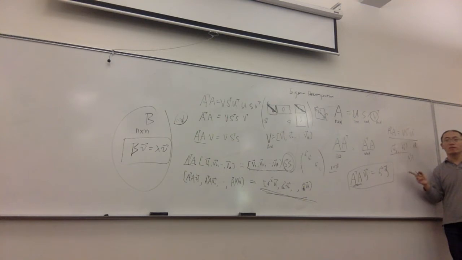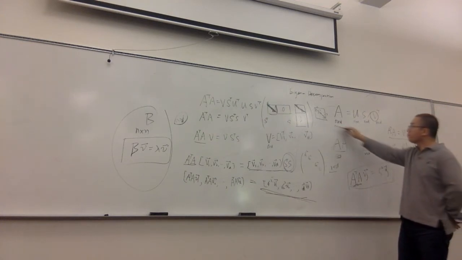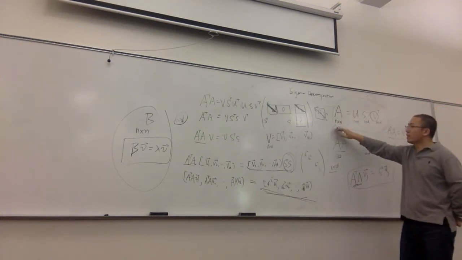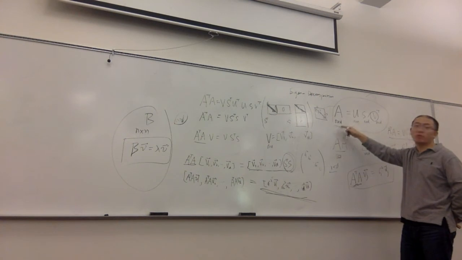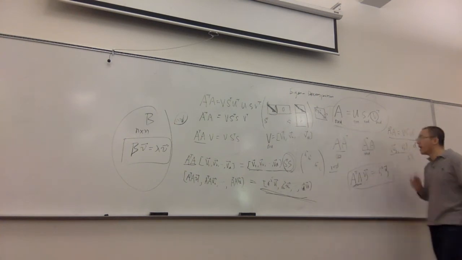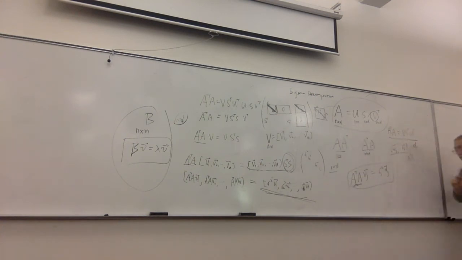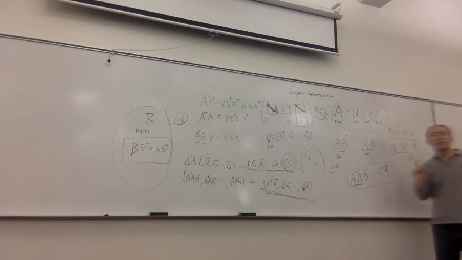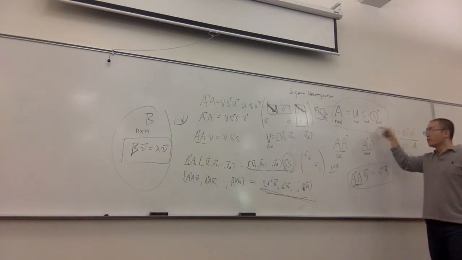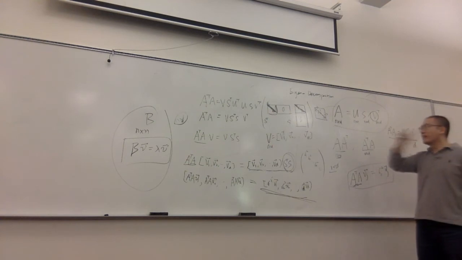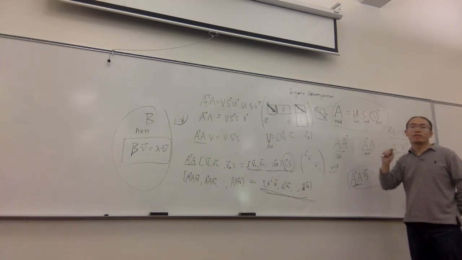This is the first important observation. When we have the singular value decomposition for an arbitrary matrix A, we first observe that the squares of the singular values and the right singular vectors form eigenvalues and eigenvectors for A transpose A.